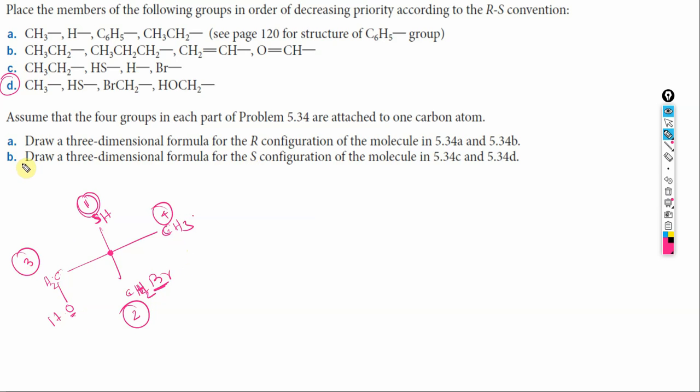So they say to assume that the 4 groups in each part of problem 5.34, which is this one, are attached to one carbon. Based on that, draw a 3-dimensional formula for the S configuration of the molecule in 5.34 C and D. Since we chose D, I'm going to go with this.